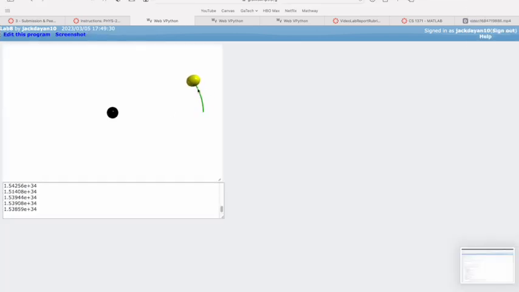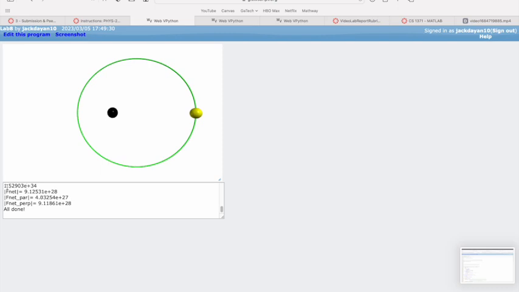We can see the star orbiting around the black hole, and these numbers over here are the mass of the black hole, like an estimate over time. Once it ends, we'll get the final value, which is 1.529 times 10 to the 34th, and we also get the values for the net force, the parallel net force, and the perpendicular net force.